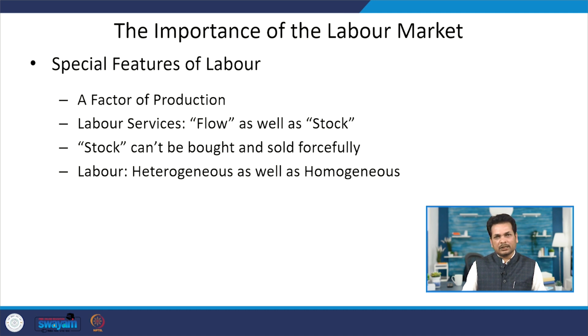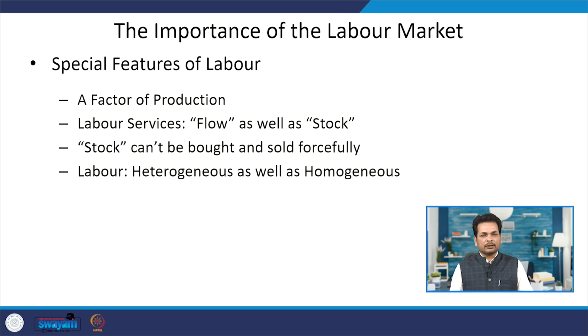They have the same skill. They are equipped with the same skill. Their identity is the same. But when it comes to labor market outcomes, they are different. They work, their outcomes are different. So, labor is homogeneous as well as heterogeneous.